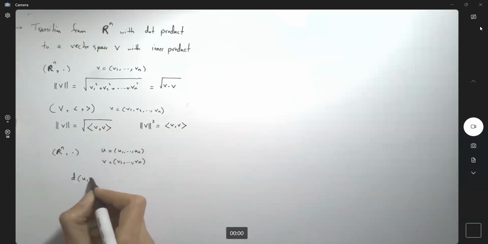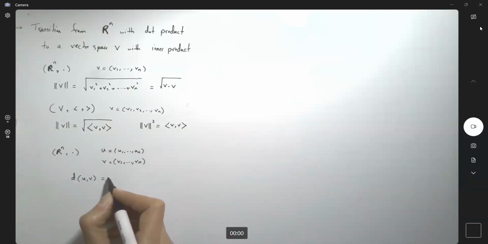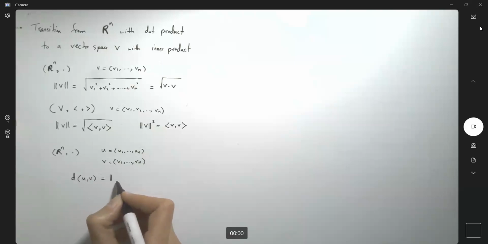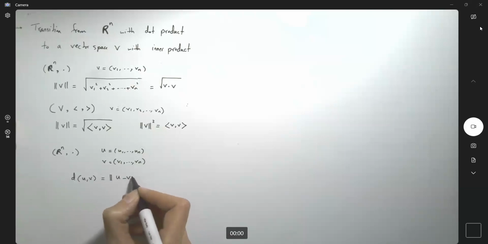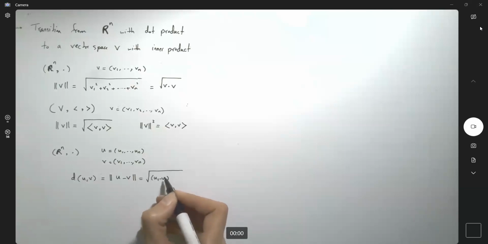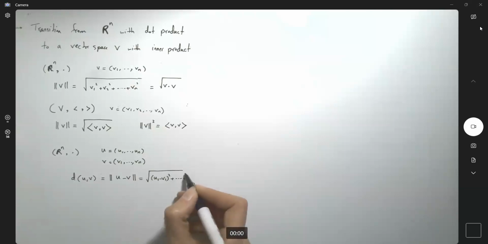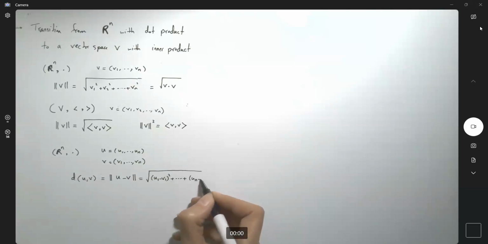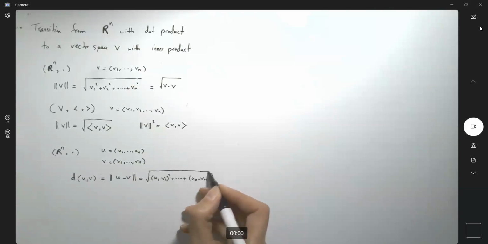The distance between u and v is equal to the magnitude of the difference between these two. So it was basically the square root of (u1 minus v1) squared plus (un minus vn) squared.